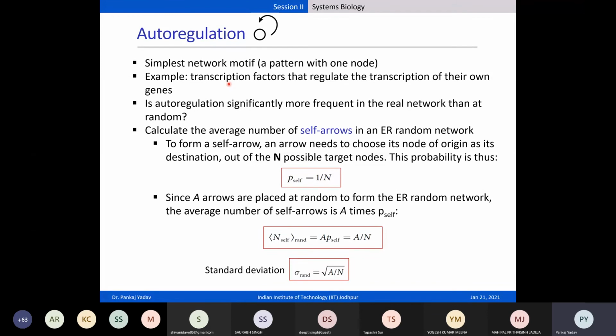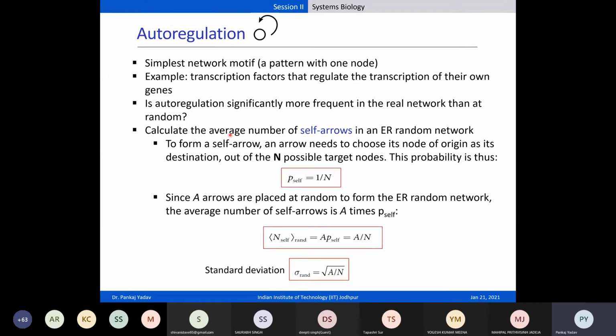An example in biology is transcription factors, which are primarily proteins or genes that regulate the transcription or expression of their own genes. So is autoregulation significantly more frequent in the real network than at random?